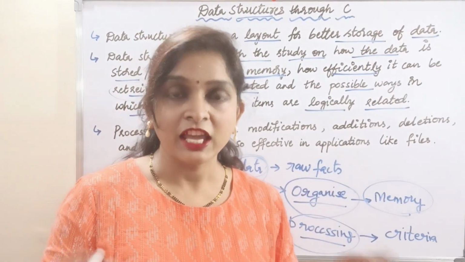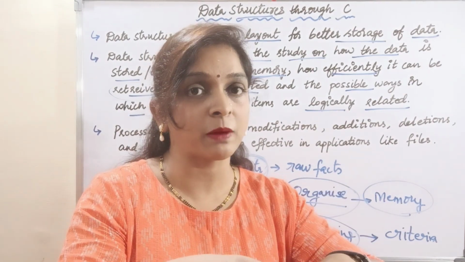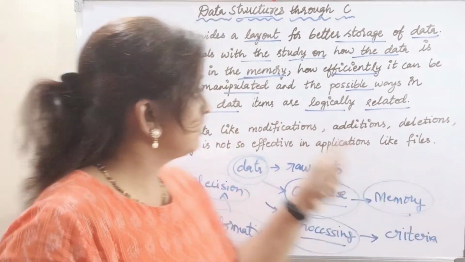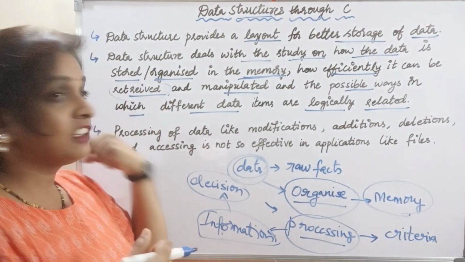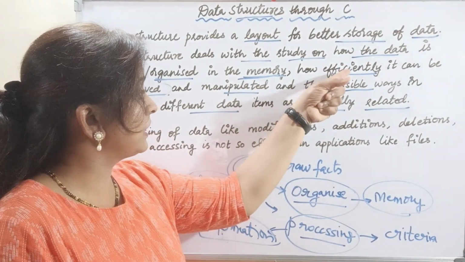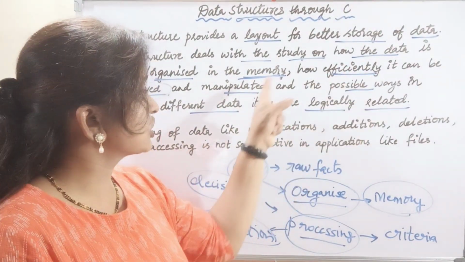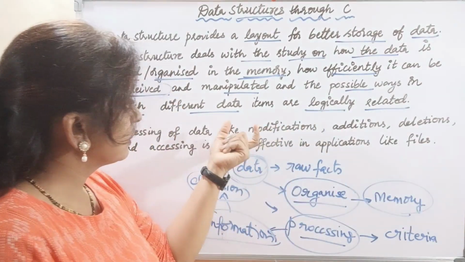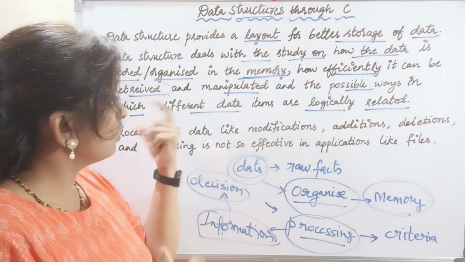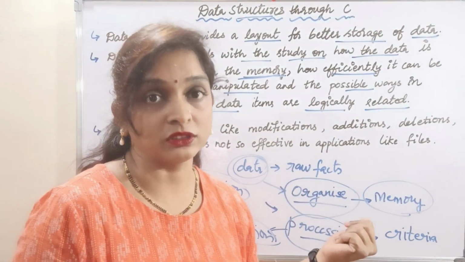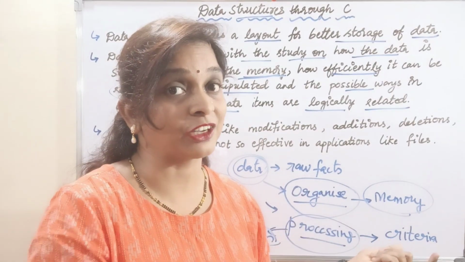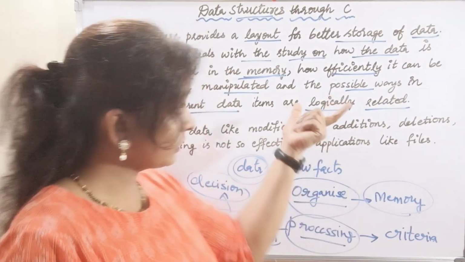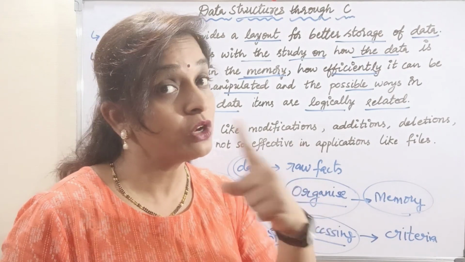The same way, if I store the data inside the computer's memory in a proper way, it will be easy for me to retrieve that data efficiently, do the modifications easily, and understand how the data items are related to each other. That is what data structure is going to deal with.